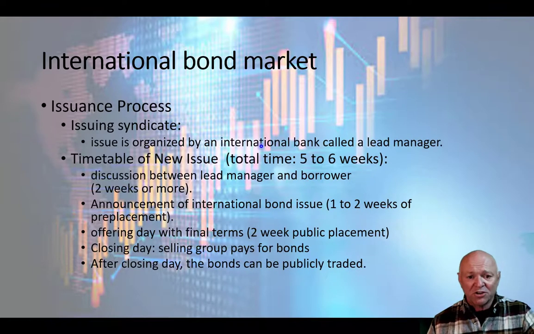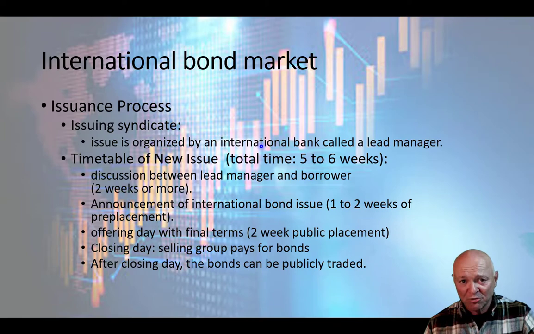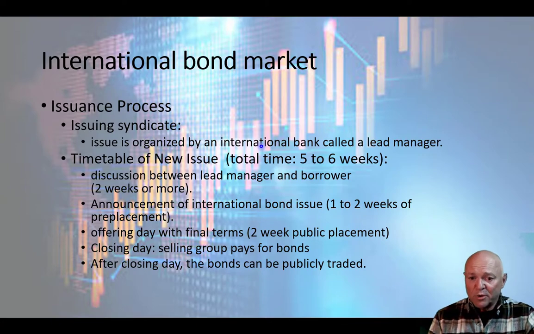The process starts off by creating a syndicate, which will then be organized with one bank, usually one bank, not always, identified as the lead manager. It will take about 5 or 6 weeks to create the issue from the origination right through until the deal closing, or financial closing as they sometimes say. 2 weeks for the discussion between the lead managers and the borrower.